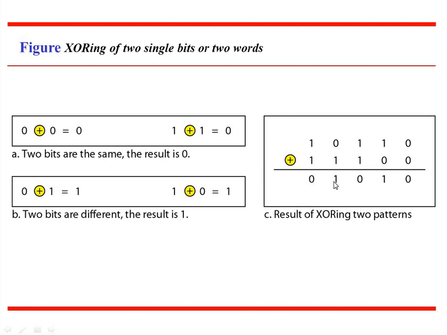Then 0 and 1 again will be 1, then 1 and 1 gives 0, 1 and 0 gives 1, and 0 and 0 gives 0. This XOR pattern will result in 0 1 0 1 0. There are 2 bits which are different from the previous bits.